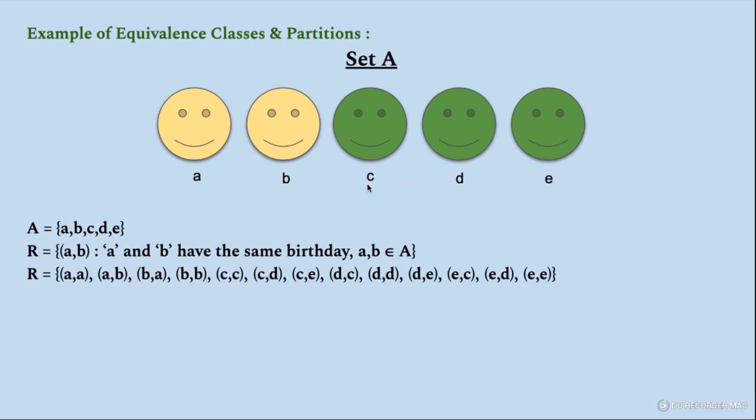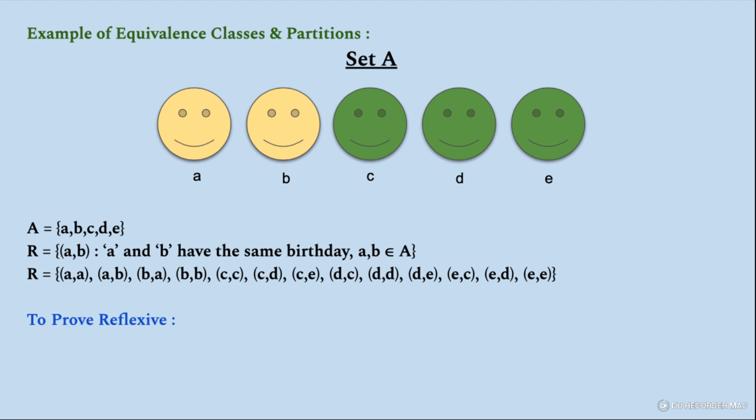So again, we have to start from (C, C), (C, D), (C, E), then (D, C), (D, D), (D, E), and (E, C), (E, D), and (E, E). These are the only possible pairs. The condition is that a and b have the same birthday. So these two stand separate and these three stand separate, right?